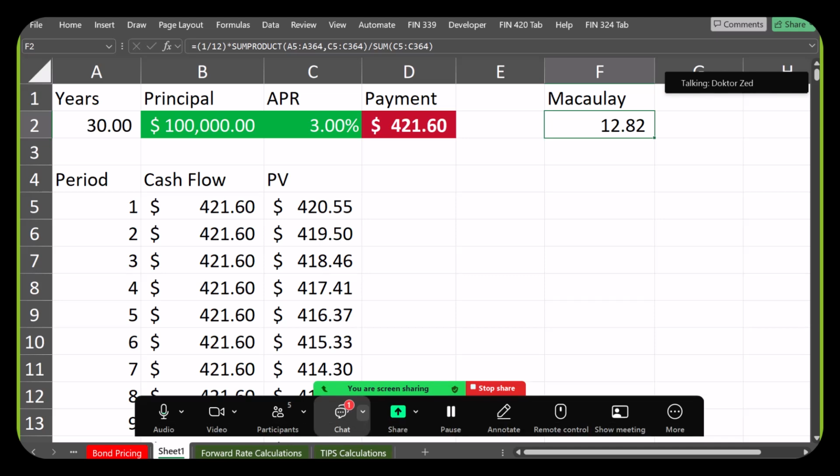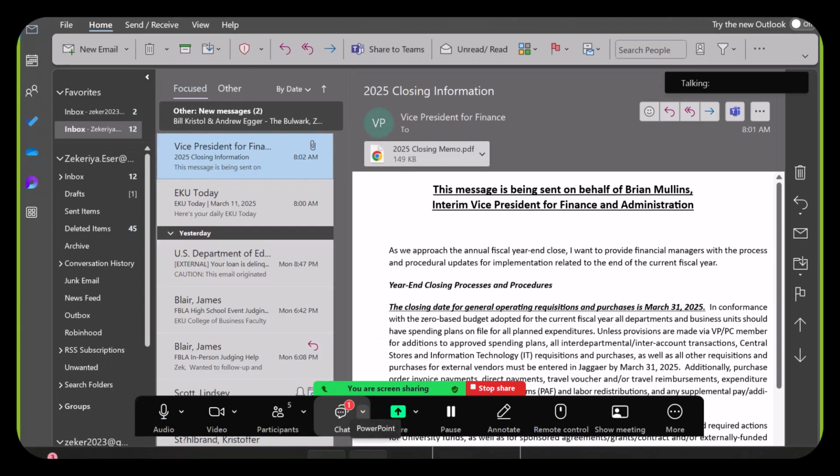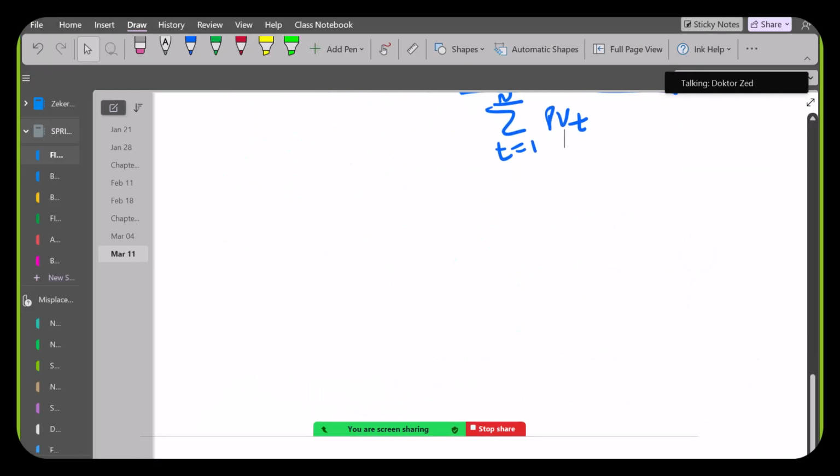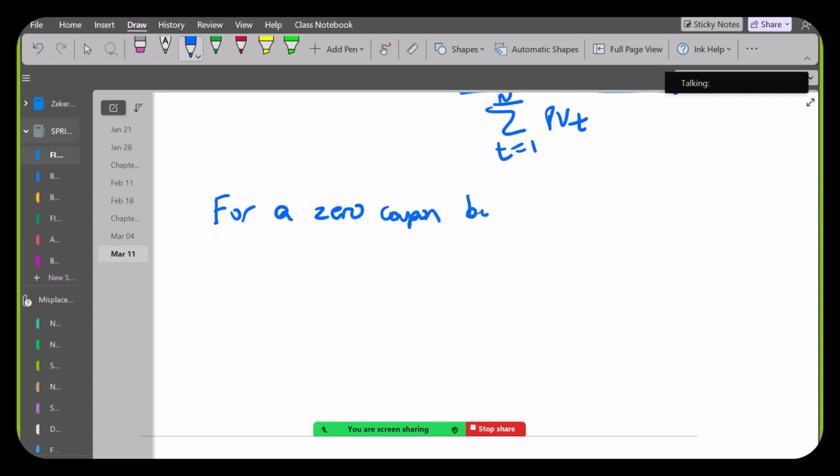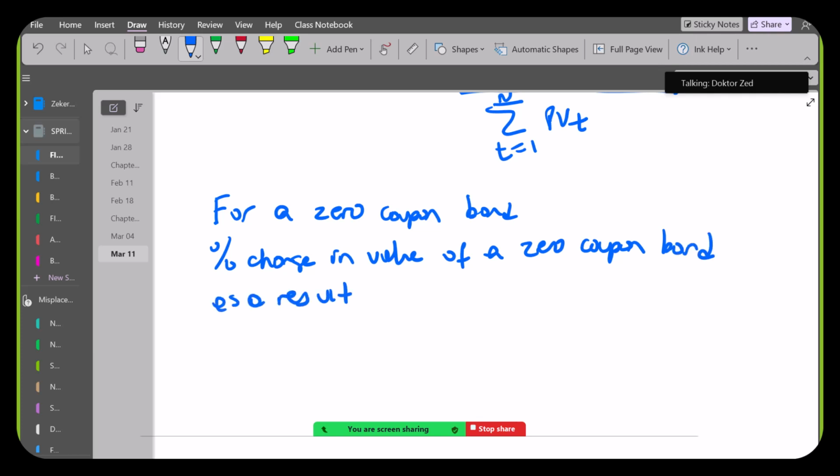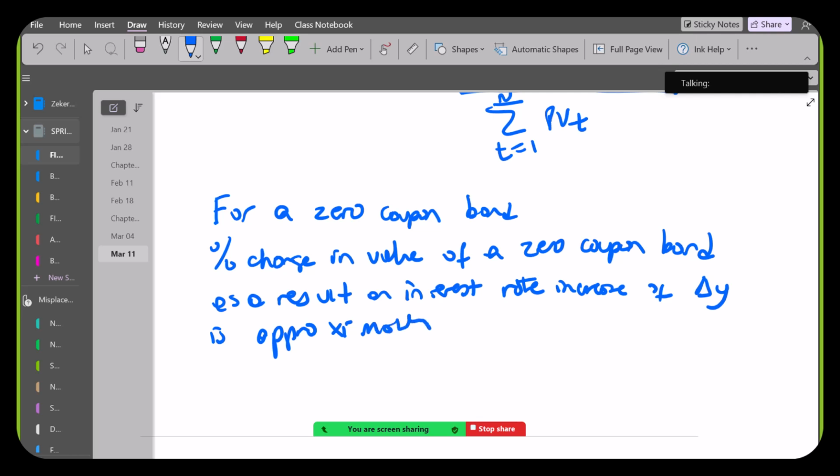One thing you can show for a zero coupon bond, percentage change in value of a zero coupon bond as a result of interest rate increase of delta y is approximately Macaulay duration divided by 1 plus yield over frequency.